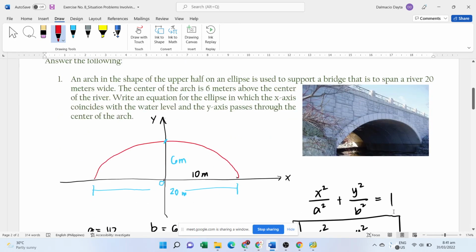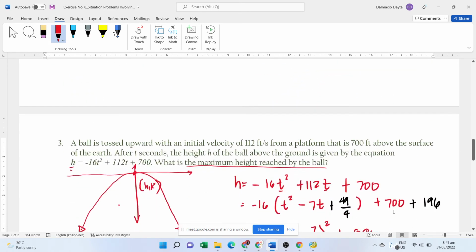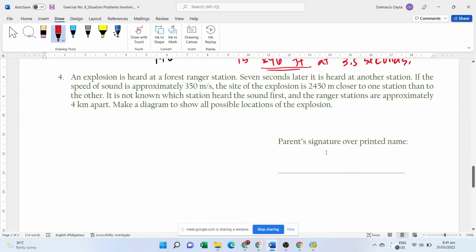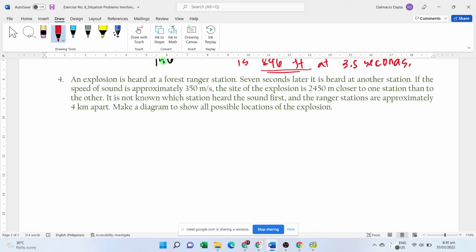Problem number 1. Problem number 2. Problem number 3, parabola. Problem number 4, most probably this is about hyperbola. Pero tingnan natin bakit sa hyperbola.